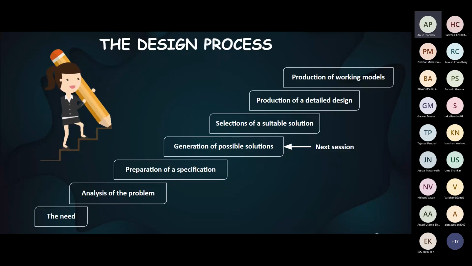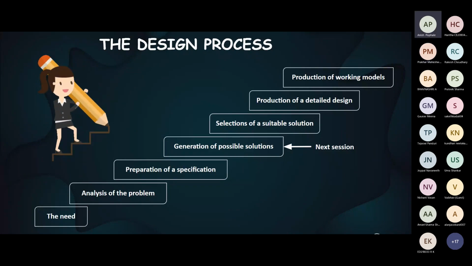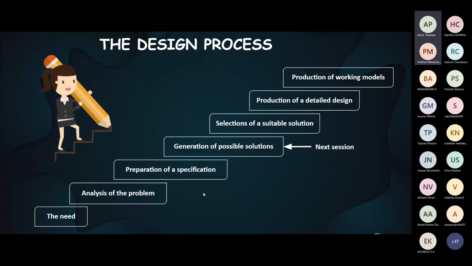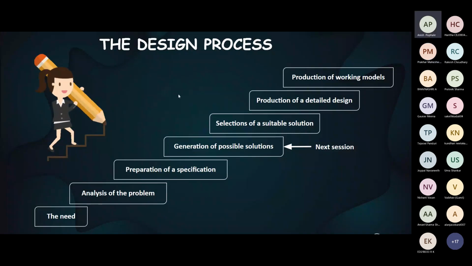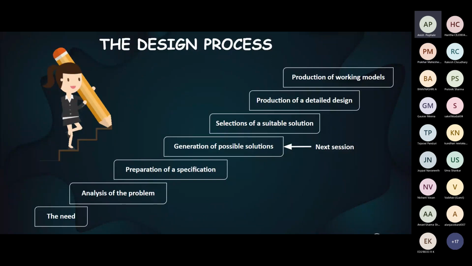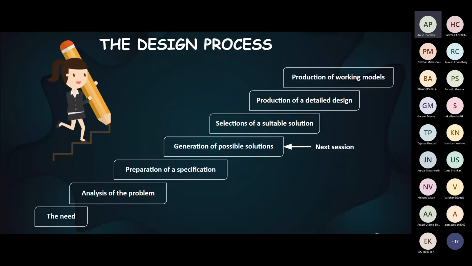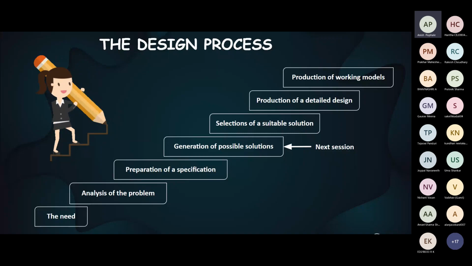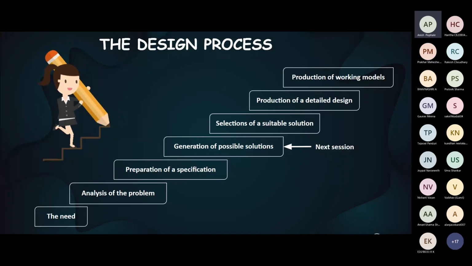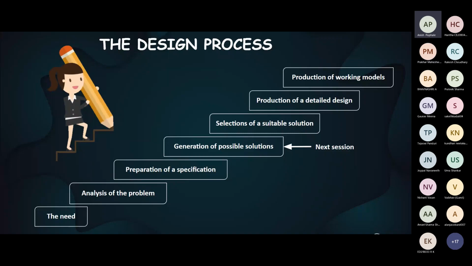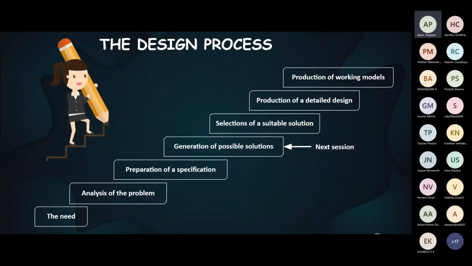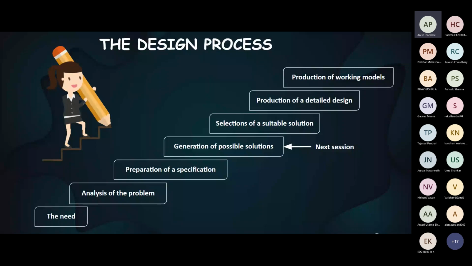There we will go into the details of different types of solutions which we can think of for this problem, and then select a suitable solution. Then we will go into the details of the automatic waste segregator project, which was done by one of our project teams in Sahaay in 2018. So we will go into the details of that in the next session.